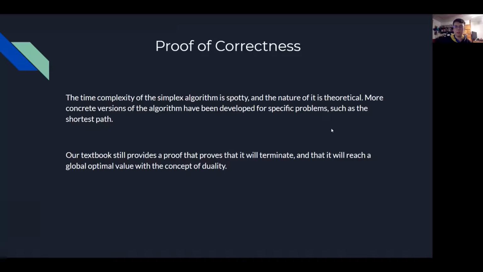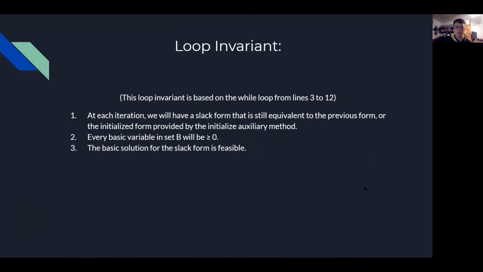One example of a more concrete version would be the shortest path algorithm. But what the textbook we have for our class does provide is that it'll prove that it terminates and that it will reach a global optimal value with the concept of duality.